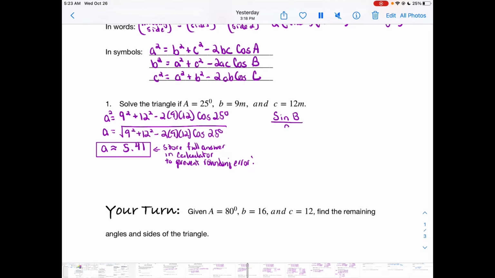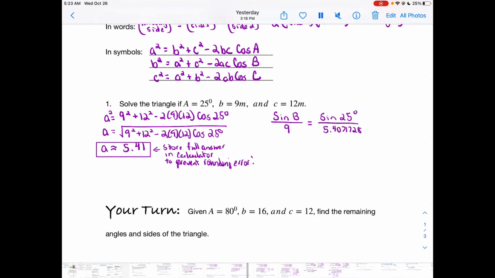So to find angle B, I'm going to use sine of B over 9 is equal to sine of 25 degrees over, and I'm going to use the entire answer A that's stored in my calculator. So I'm not going to use 5.41. I'm going to use the entire answer so I don't get a compounding rounding error. Okay, just like we've done in the last class, I'm going to solve this for B. So I'm going to multiply each side by 9.